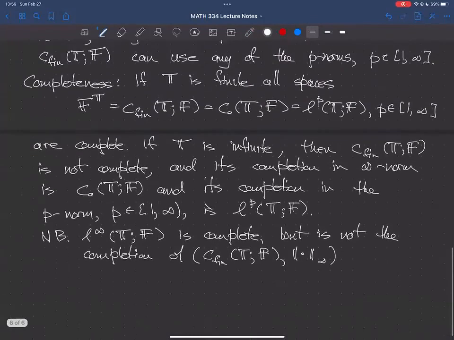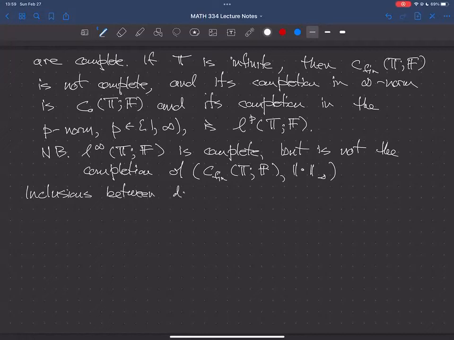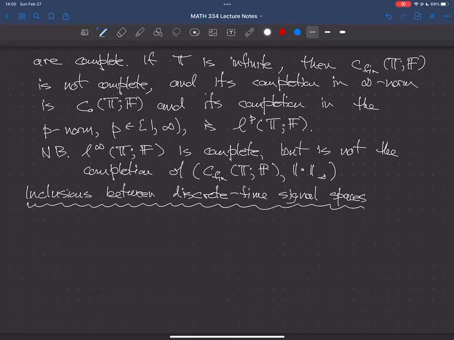So that covers completeness. So let's talk about inclusions between these spaces. In other words, how are they related to one another, if indeed they are at all?